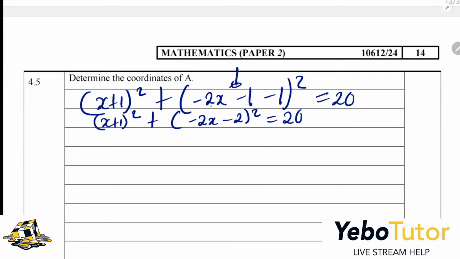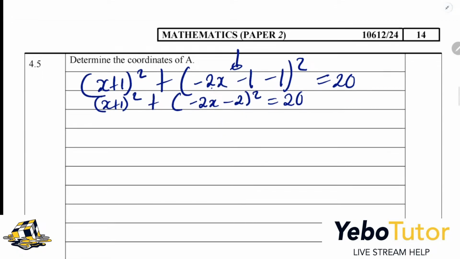Then of course after this we now have to play around with what we have and get the answer. So we know that x plus 1 times x plus 1 will be x plus 1 squared. So x times x is x squared, plus 2x, plus 1.